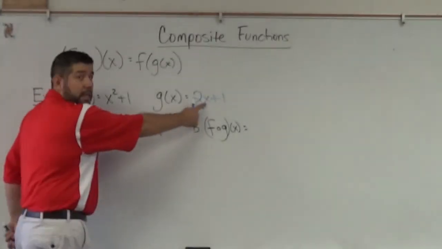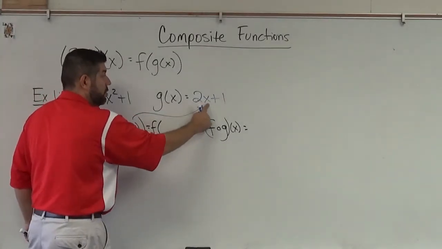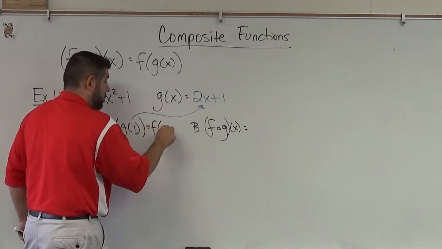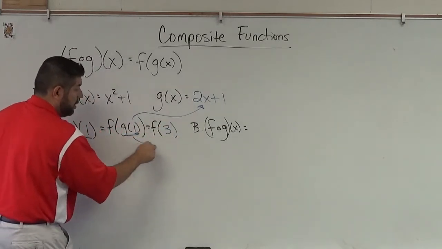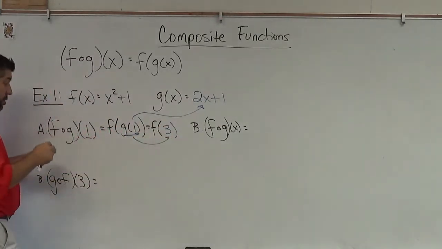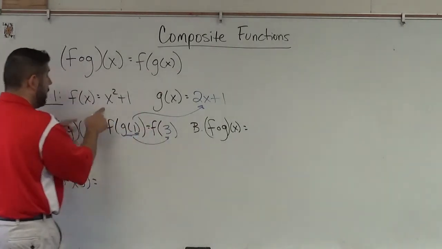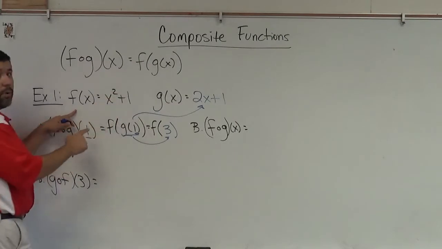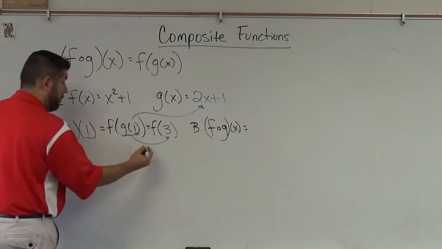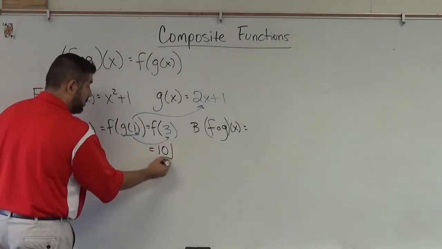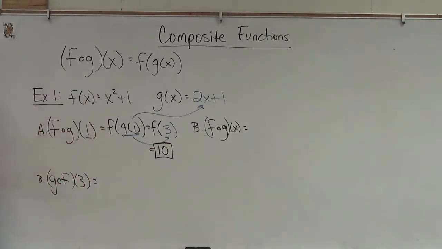So we're going to plug in 1 here. We're going to get 2 times 1, which is 2, plus 1 is 3. So g of 1 is 3. And then we're going to do f of 3. So then we're going to take this and plug it into our f function. So we're going to have 3 squared plus 1, which is 10. And that's going to be f of g of 1.